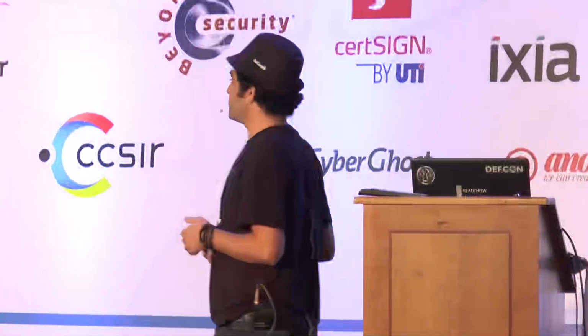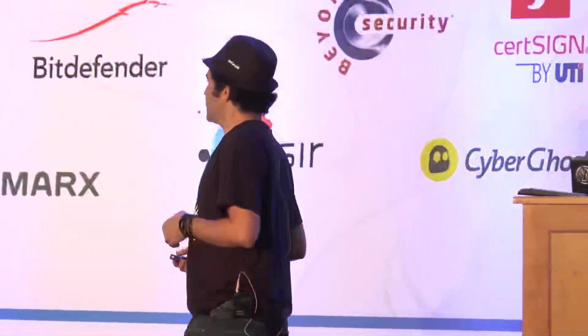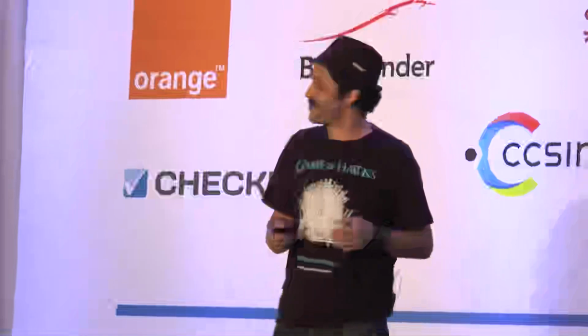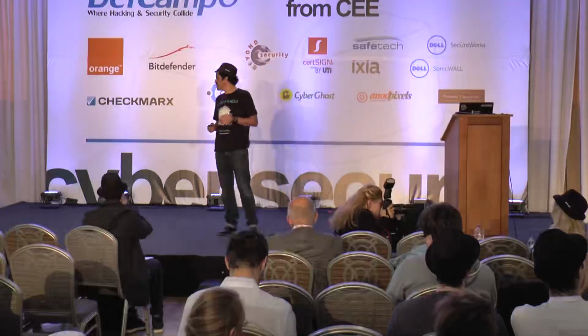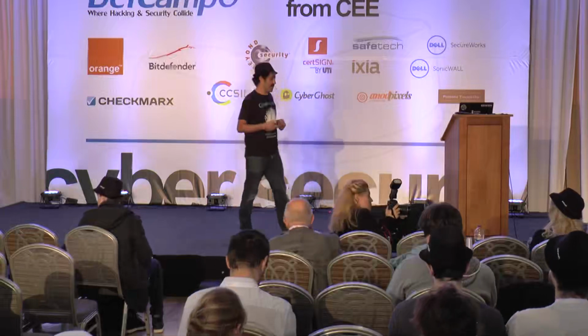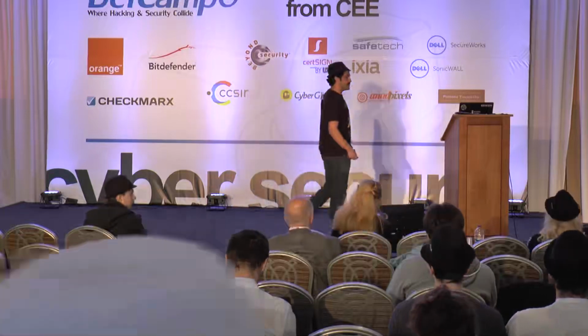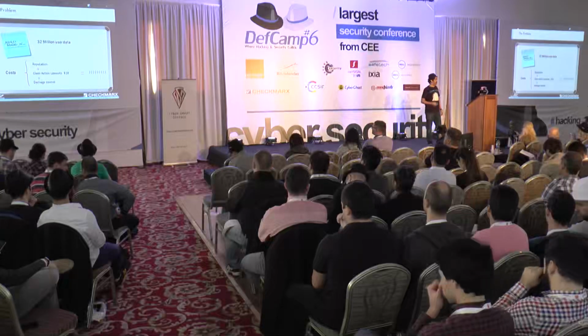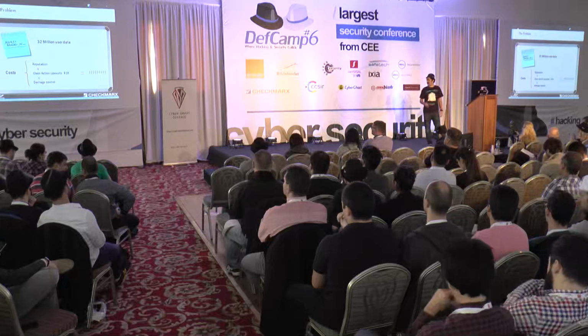Ashley Madison, we all heard of this one, other than the fact that it's embarrassing for a few people who were caught red-handed. There's, again, the reputation. The company was kind of being asked to close down. They didn't close down, but a lot of money was spent and will be spent on fixing the problem that happened due to the breach.